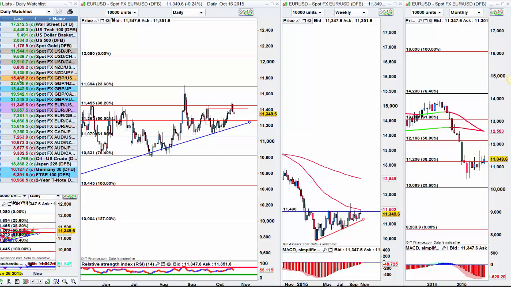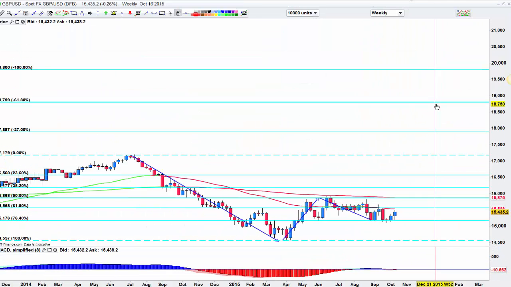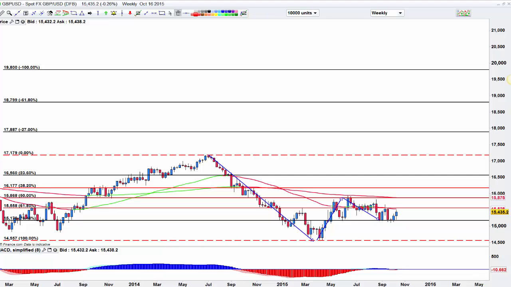If we now reflect on the pound US dollar, you can see 2 weeks higher on the weekly chart. We're just bouncing up into resistance, into that 50 EMA on the weekly. We're still sitting inside of the seller's bar from mid-September, and actually late September, and just not very convincing at all as to direction.